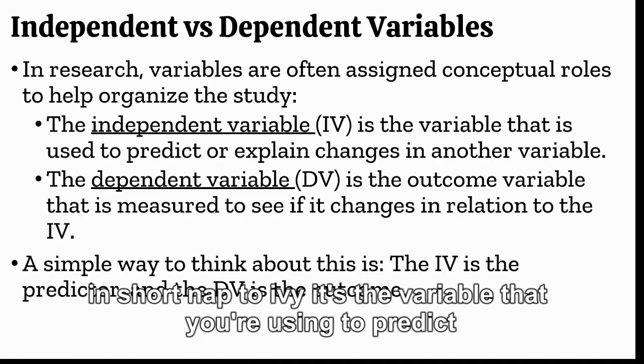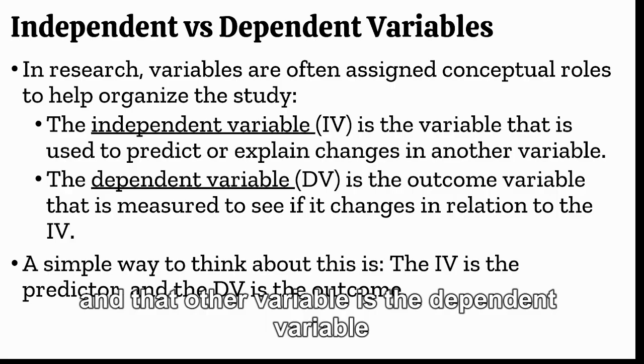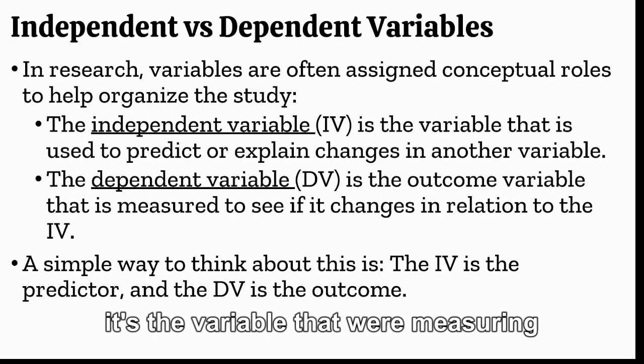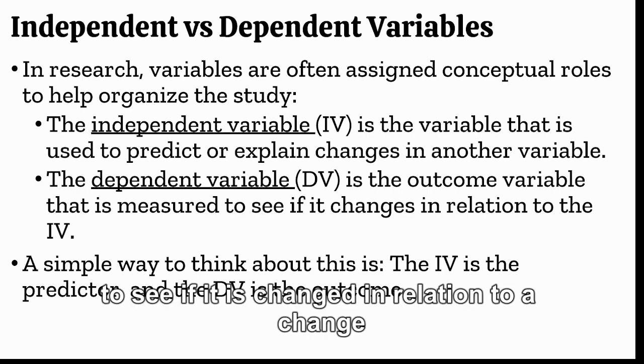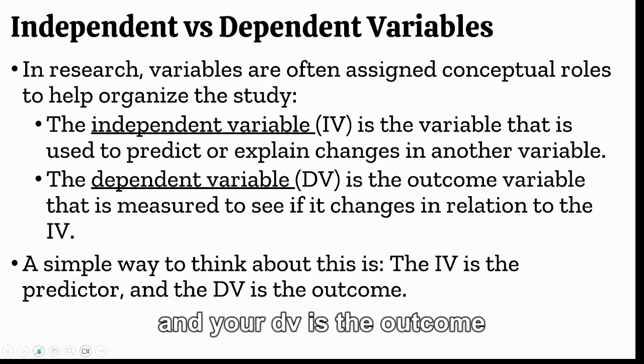It's the variable that you're using to predict or explain changes in another variable, and that other variable is the dependent variable. We might call it the outcome variable or the response variable. It's the variable that we're measuring to see if it is changed in relation to a change in your IV. So the easiest way to think about this is that your IV is the predictor and your DV is the outcome.